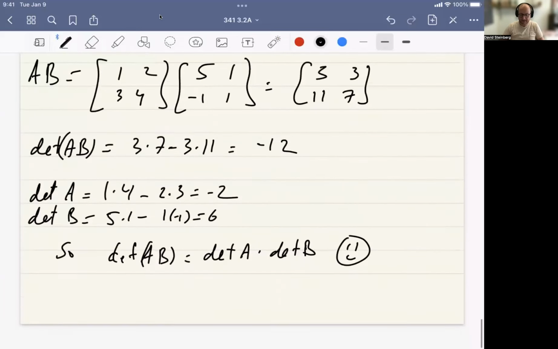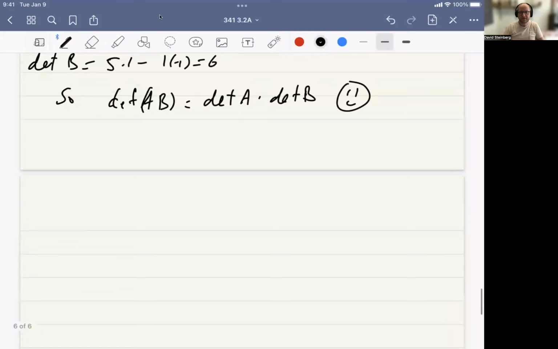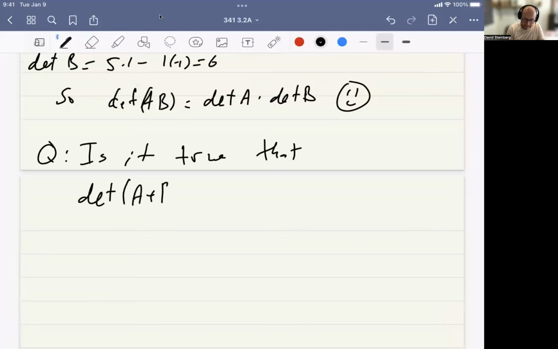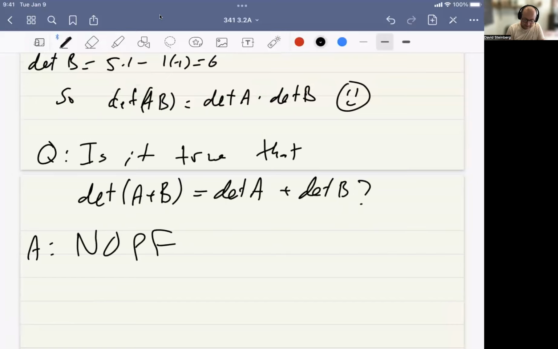So a natural question, once we've seen that the determinant respects multiplication, is to ask: is it true that the determinant of A plus B is equal to the determinant of A plus the determinant of B? The answer is nope. Absolutely not.